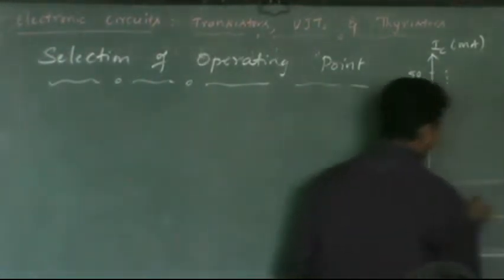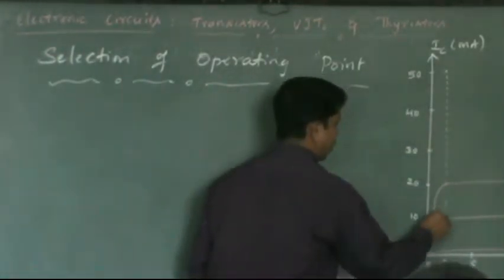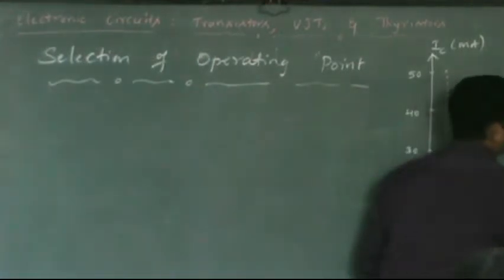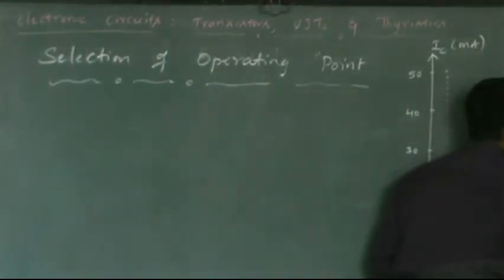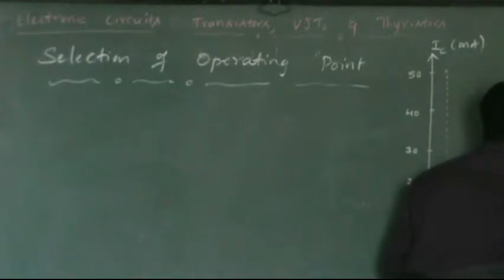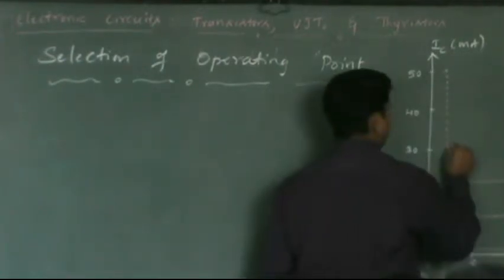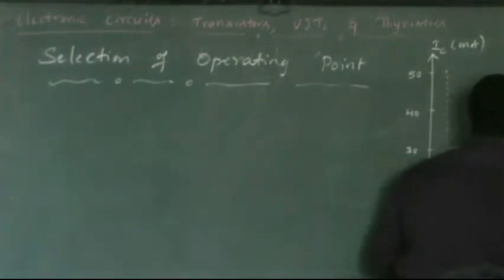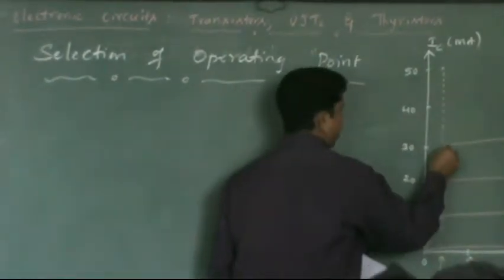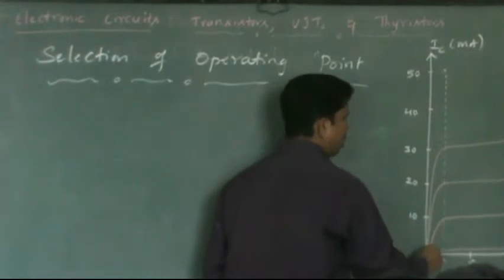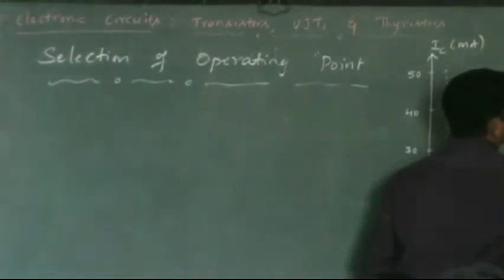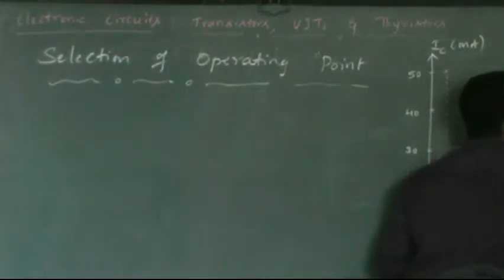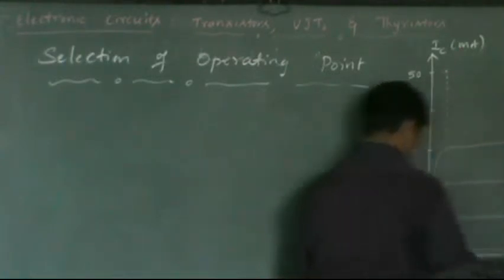So we are going to plot a family of curves. This is for IB of 20 microampere. In similar lines, we can plot for the base current of 30 microampere.